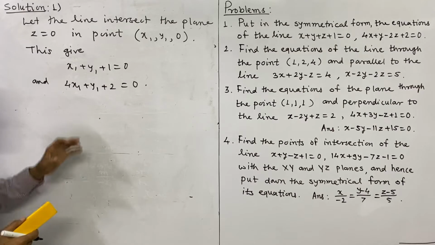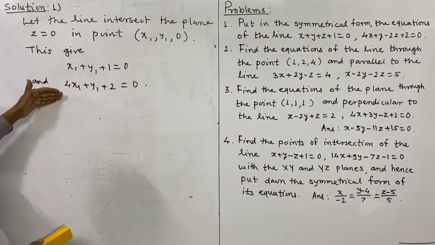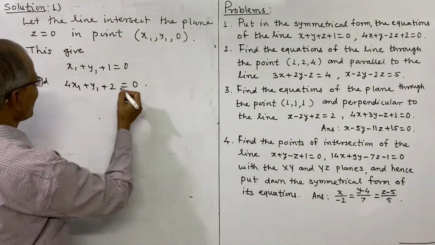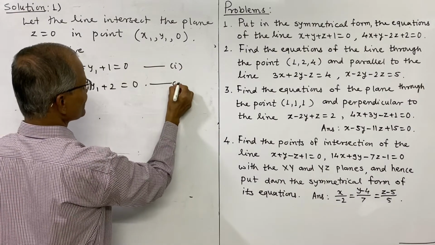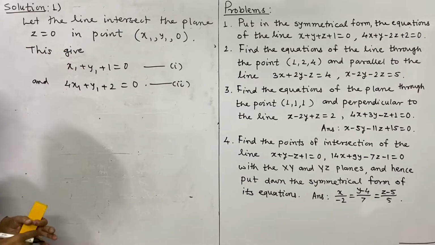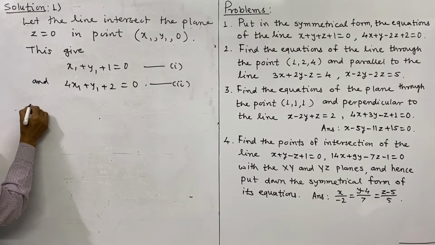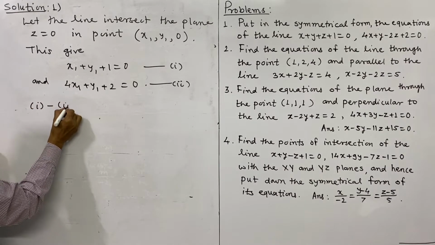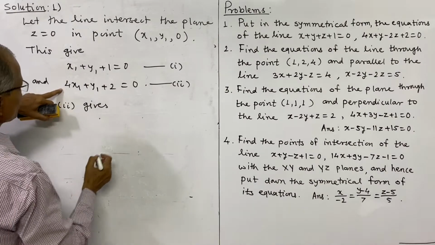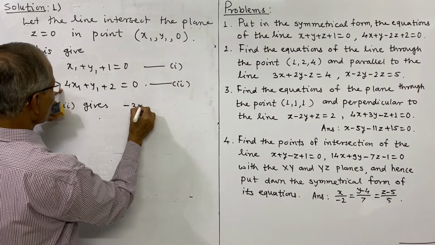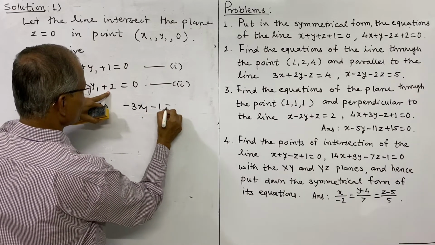Now these are two simultaneous equations. We may use Cramer's rule or we may solve this. It is simple to solve simultaneous equations by the elimination procedure. Subtract the second from the first. So 1 minus 2 gives x1 minus 4x1, that is minus 3x1, this is 0, and 1 minus 2 is minus 1, equal to 0.